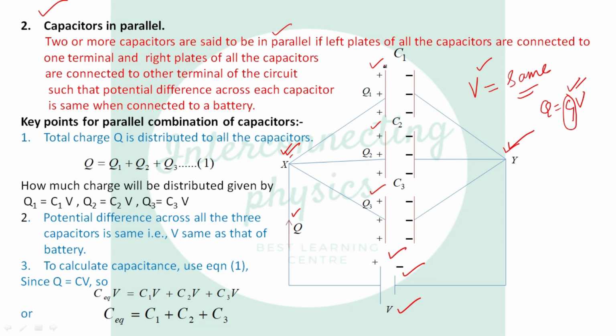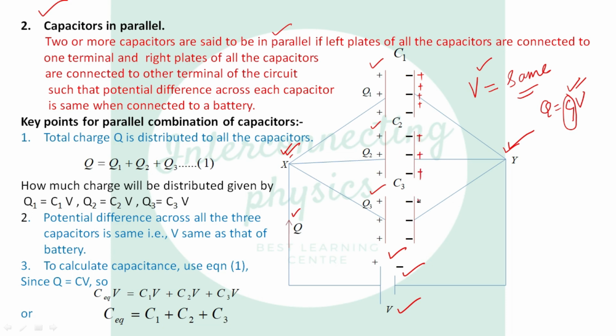Now, due to the induction process, this positive charge will attract the negative charge of the second plate of the capacitor and positive charge will move outside. This positive charge of the capacitor will attract the negative charge of this plate, and this negative charge will come inside the plate and positive charge will move outside the plate.